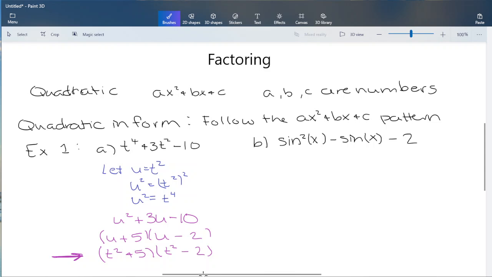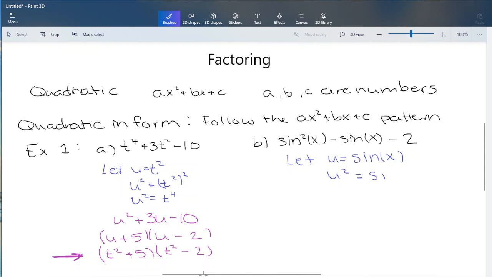Okay, so again, we're going to use what comes from this second term as our u. Okay, so we're going to let u equal sine x. Okay, and then we're going to look at what u squared would be.